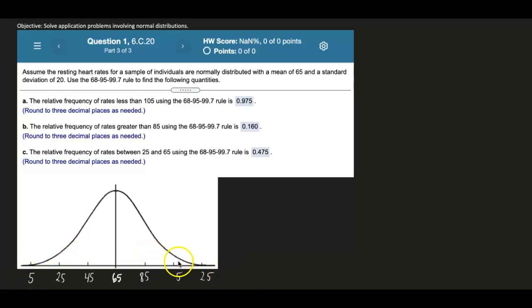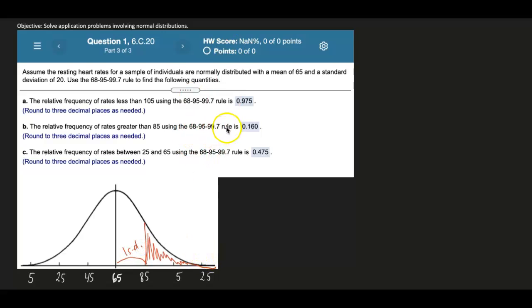All right, so now I've wiped the slate clean for a new problem, but yet using the same information. I didn't change the x-axis, but what's changing here is the area that I'm looking for. This one's asking for the relative frequency of rates greater than 85. So here is that 85 mark, and I want everything greater than that. The 85 mark is 1 standard deviation away from the mean.